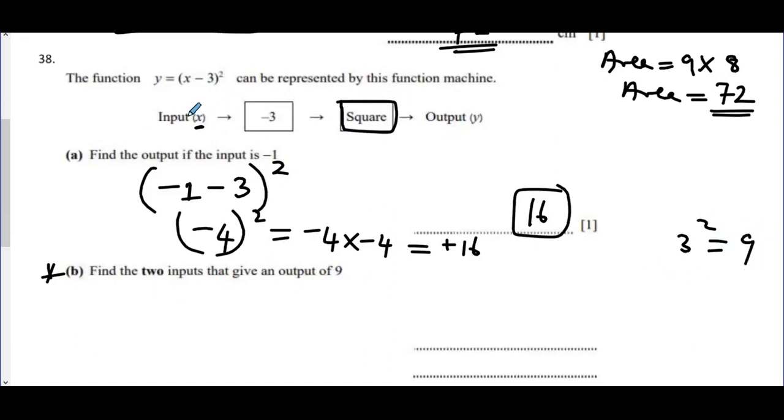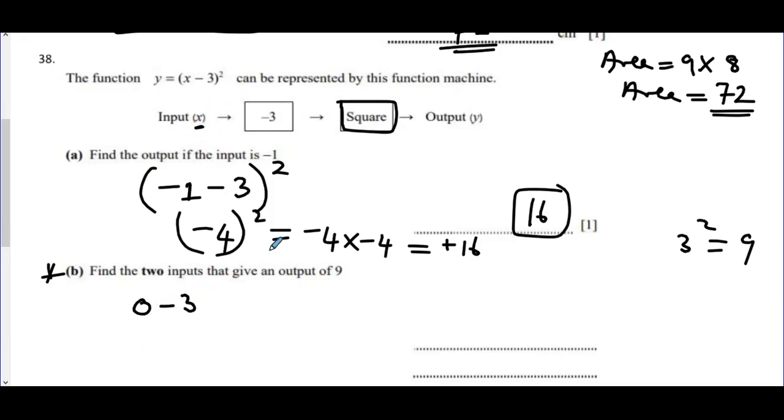You see? So I'm going to put a number here, which when I subtract 3 here, and then later square, I'm going to end up getting an output of 9. So let us try 0. Let's try to input 0 here. So 0 as your input. It will be 0 minus 3.